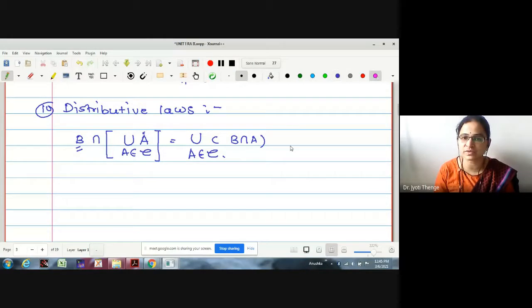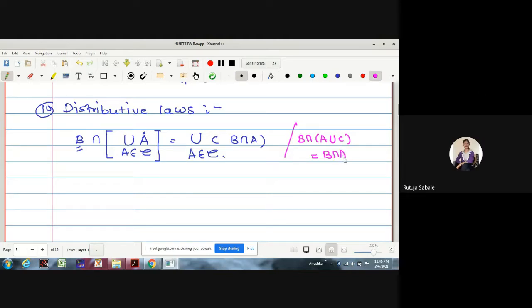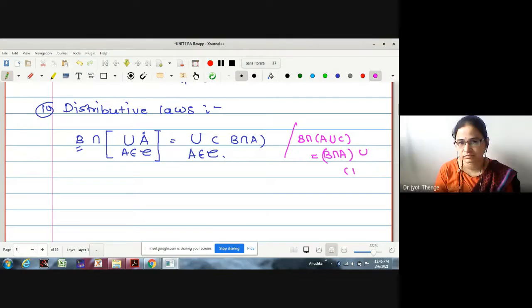You have to compare this with the case of two. B intersection, A union C. How can we write it? B intersection A, union B intersection C. What we have done, whenever we were finding the intersection of B with this set, we have taken the union.